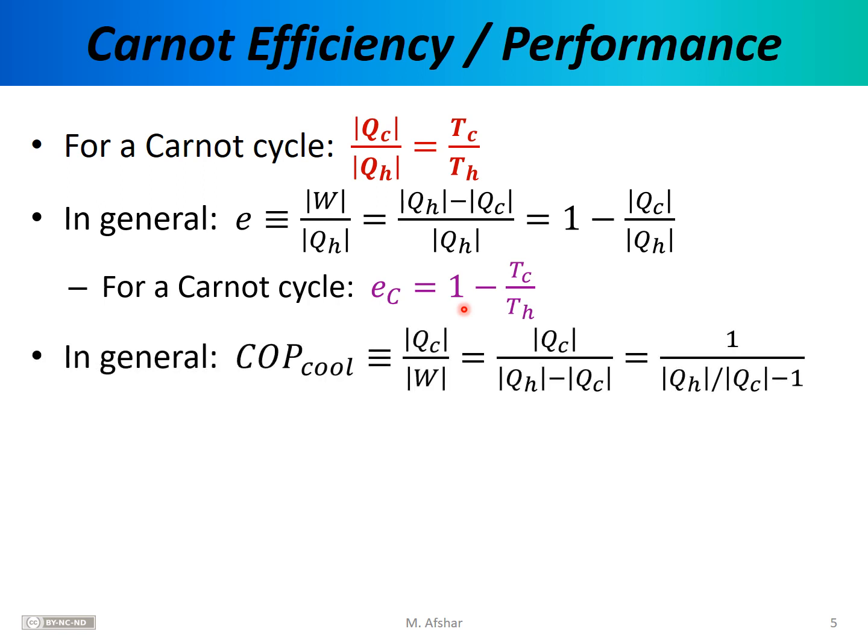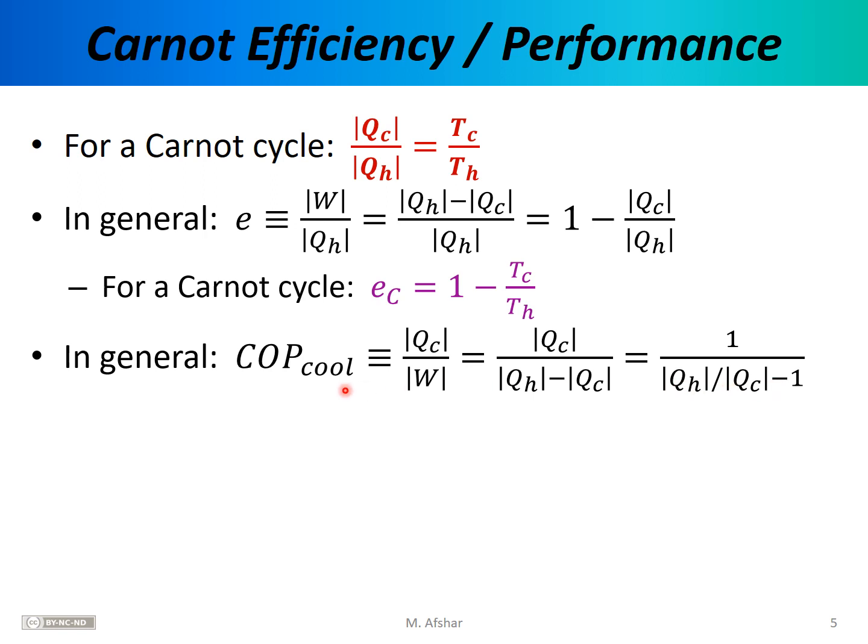We can apply a similar logic to a Carnot pump. In general, the coefficient of performance for a pump that is operated in cooling mode is defined as QC over W. Once again, we can write W as QH minus QC. We can then write this ratio as 1 divided by QH over QC minus 1.